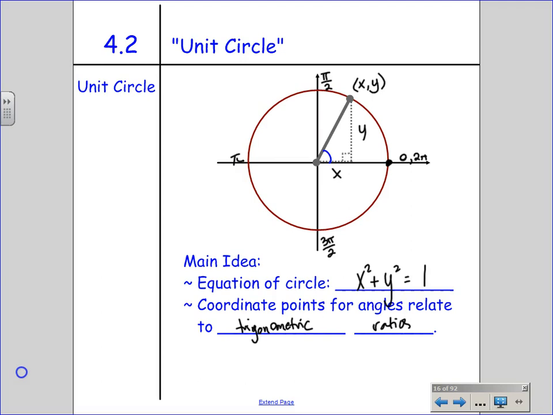What would this point be, guys? Well, that'd be 1 unit, right? So wouldn't this be the point 1, 0? What would this point be up here? 1 out, 0, 1. What would this point be? Negative 1, 0.